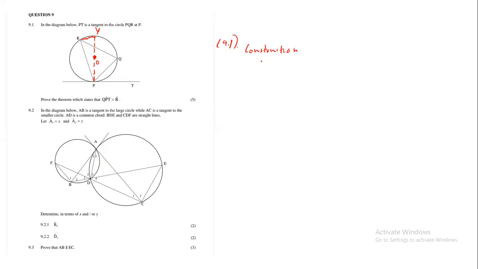So now check, we start with a construction. Because we can't say here it's 90 degrees, not knowing this is a diameter. A diameter is supposed to pass through the center to the circumference.